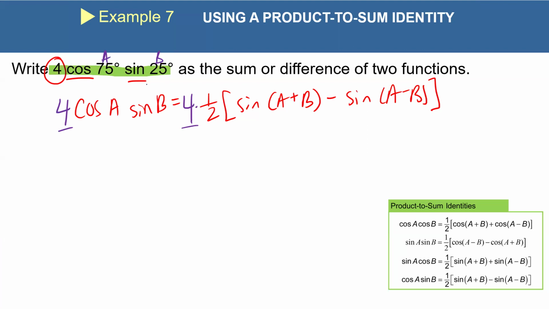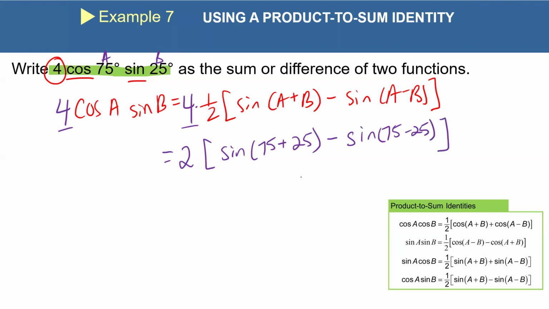All right, do we know what A and B are? So we're going to plug everything in. 4 times 1/2 is 2. So we have sine of 75 plus 25 minus sine of 75 minus 25.